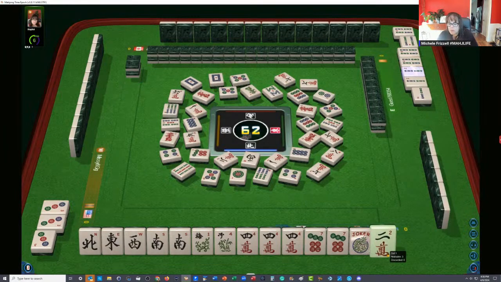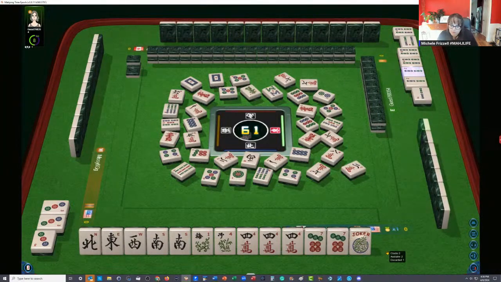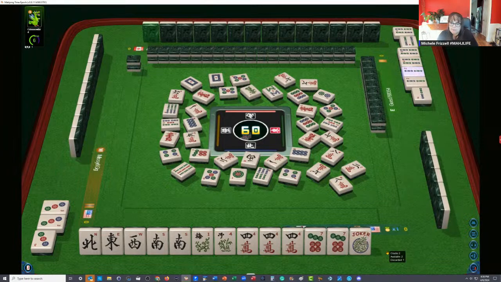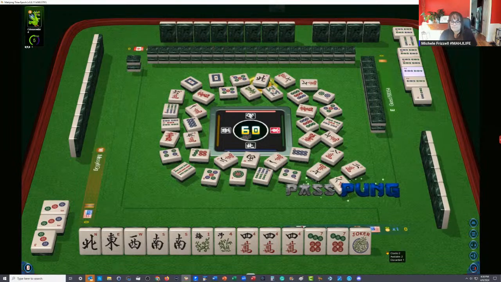So they're doing 1, 2, 3, 4 pung pung kong kong. 2 characters. Second hand from the bottom on the left. 8 characters. North wind. Oh yeah, we're good there.